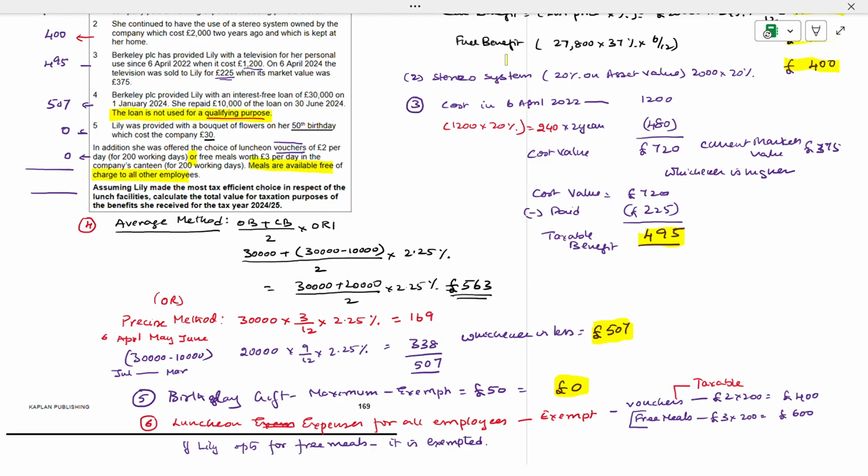Vouchers will be taxable. She has to take either vouchers or free meals. She was offered a choice. Definitely, she will take the one which is exempted. She will not take the one which is taxable.